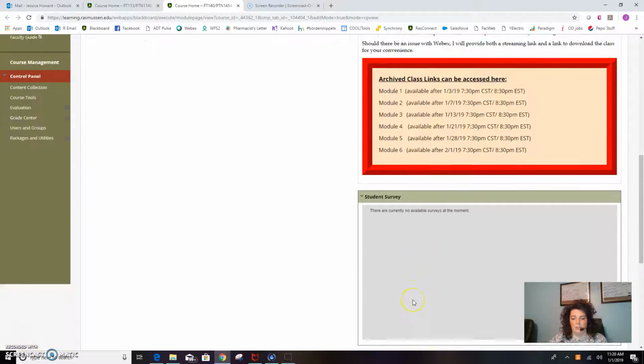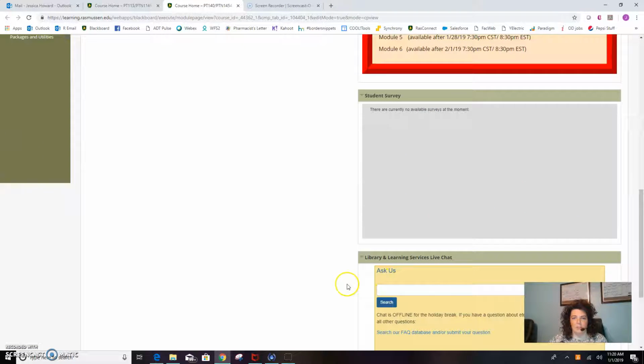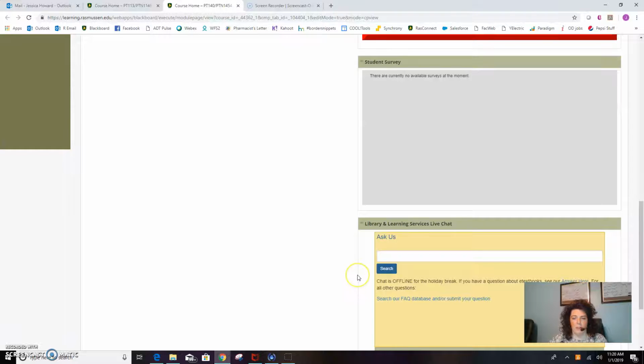Below that is your survey box, and even below that, what I do with this class is put up the library chat. Because this is such a paper-intensive course, it gives you another place to ask the library chat questions, especially if you have a reference question or need to get into tutoring.